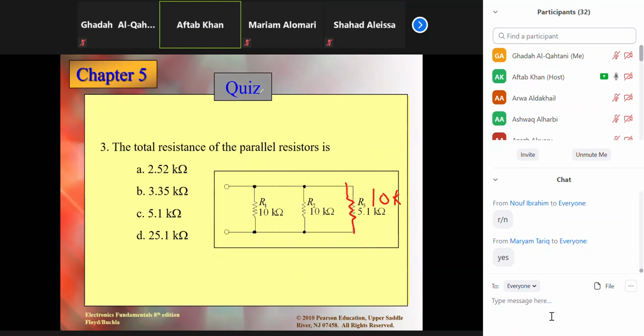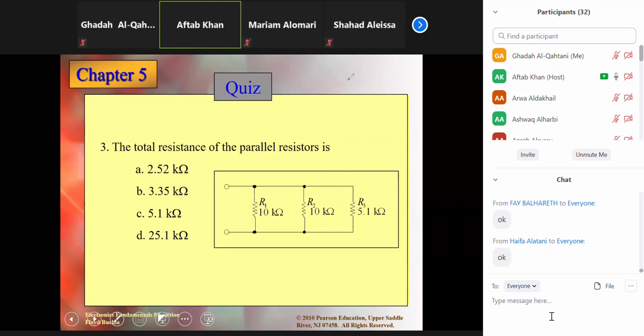Some students did not get that point in mind when similar values are in combination. So the total is simply R over 3. So they will be using the other two formulas, wasting time. So you need to think about it. That's why practice is important.